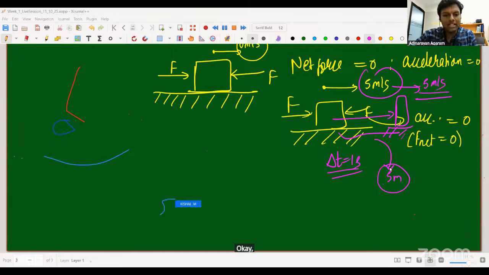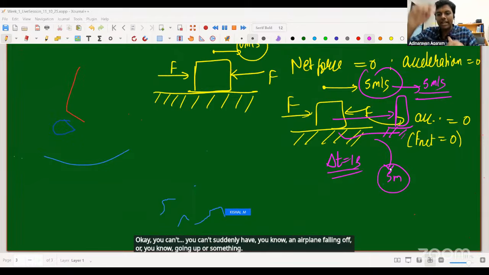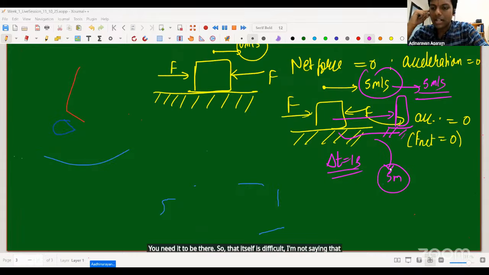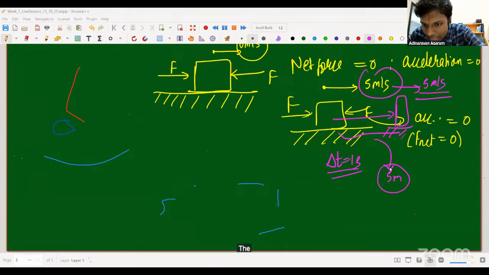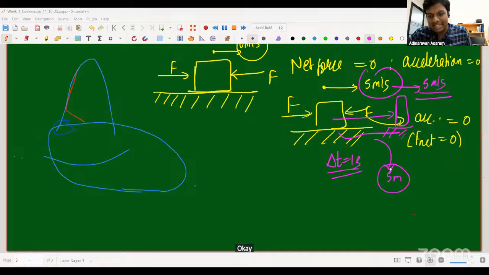You can't suddenly have an airplane falling off or going up. You need it to be there. So that itself is difficult. I'm not saying that it's not difficult, but the part of the question which makes it interesting is that the outer atmosphere has very few air molecules, and the density is less.